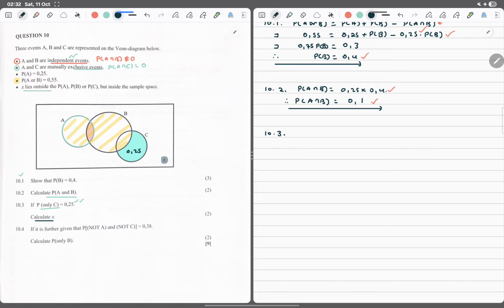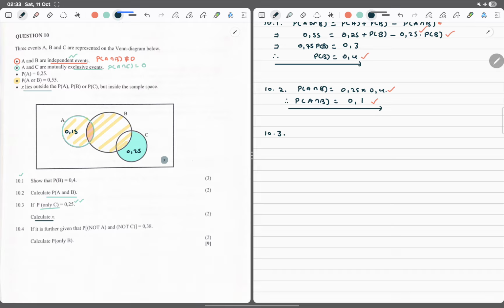Now already, guys, we know the probability of B as a whole is 0.4, but that includes the intersection. So we can actually see now that if we fill that in, that's 0.25 minus basically 0.1. So this means A only is going to be 0.15.